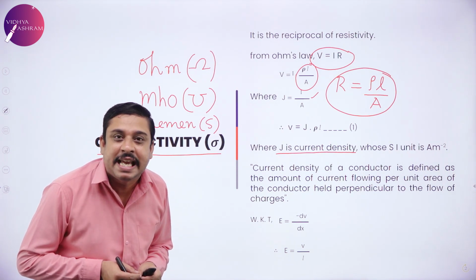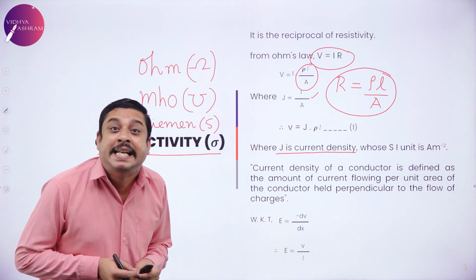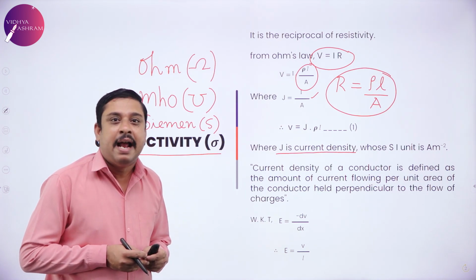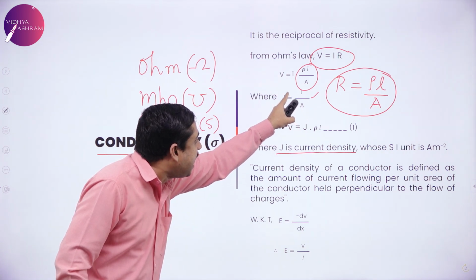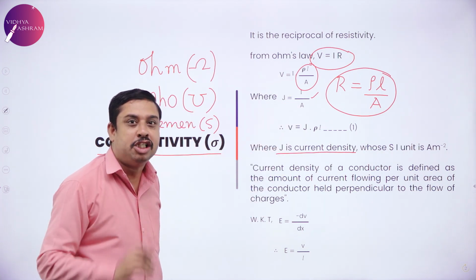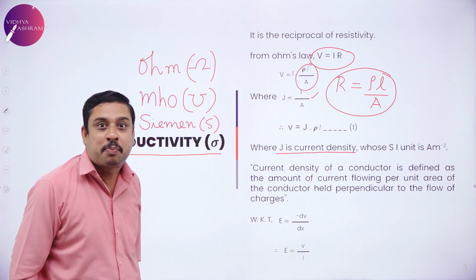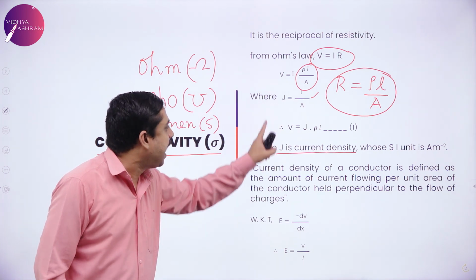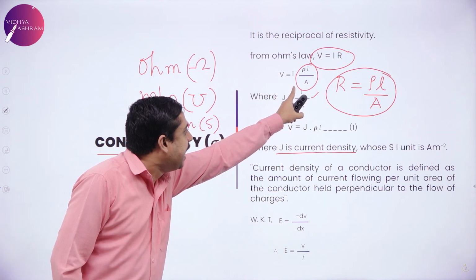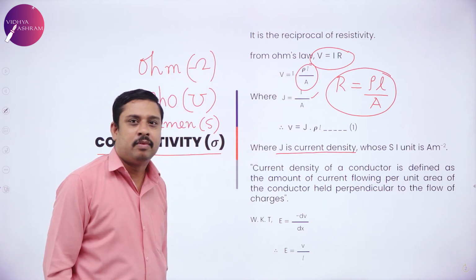What do we call J? Current density. And mathematically, it is I divided by A. You need this expression when solving numericals. Current density J equals I divided by A.